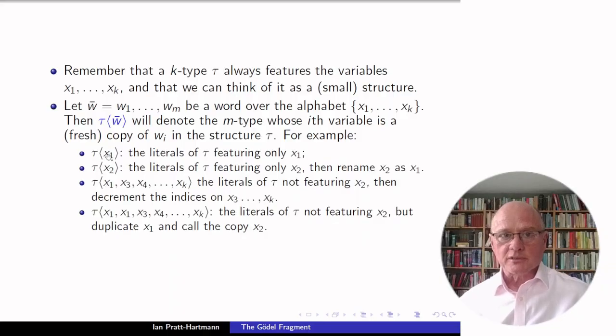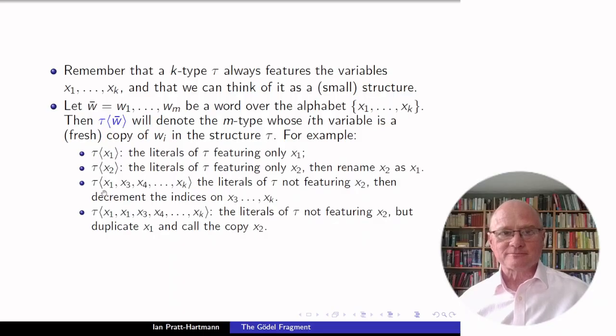And which literals? Well, just the literals that are in Tor. Second example, Tor angle brackets x2. Again, because we have just one variable here, this will denote a 1-type. So it will be a set of literals in the variable x1. Which ones? There'll be those literals of Tor featuring only x2, but with x2 then renamed as x1. So it's a 1-type, but it's the 1-type of x2 in Tor.